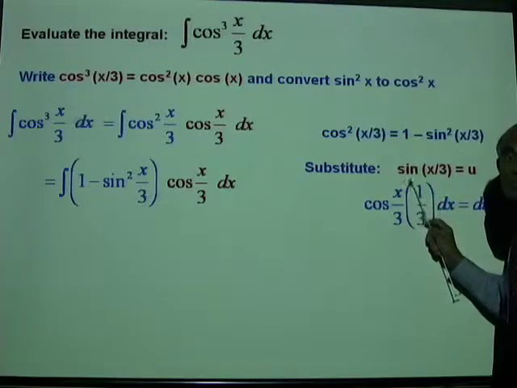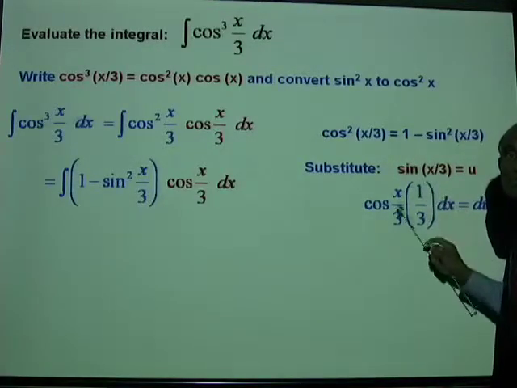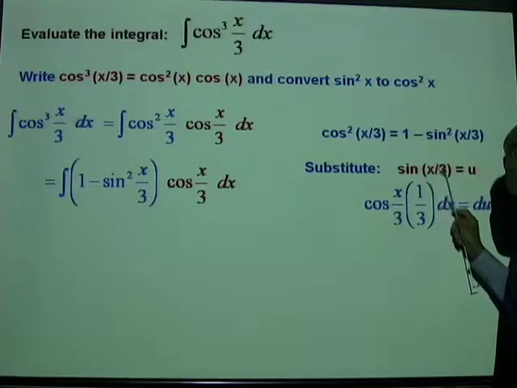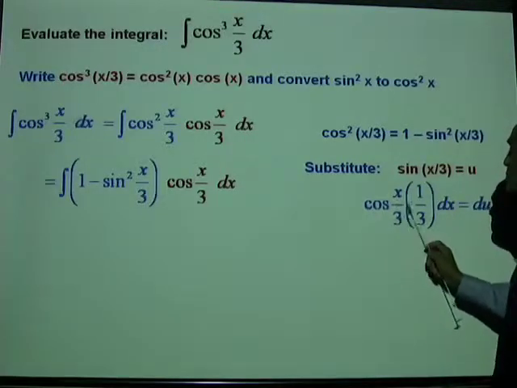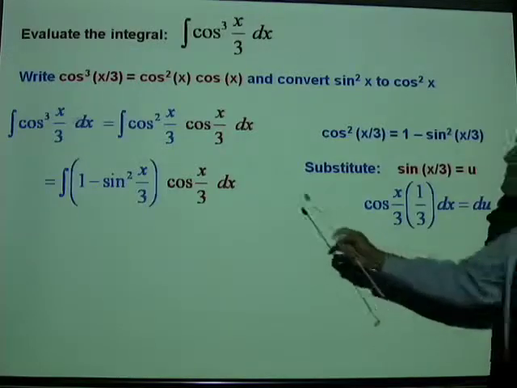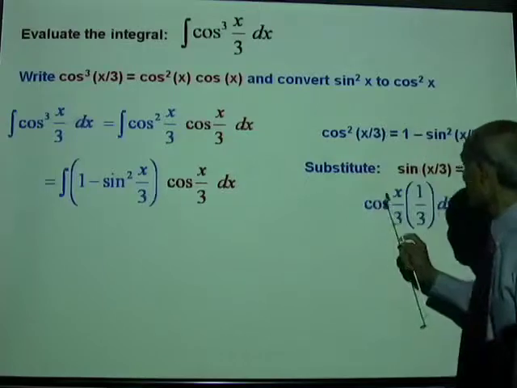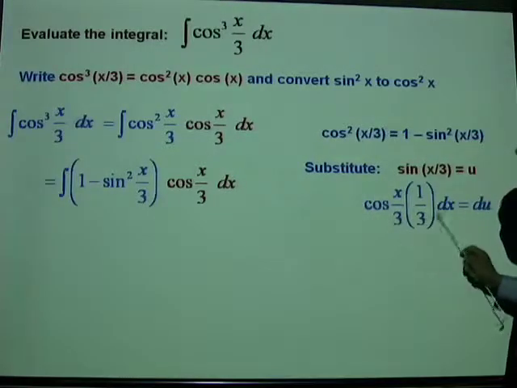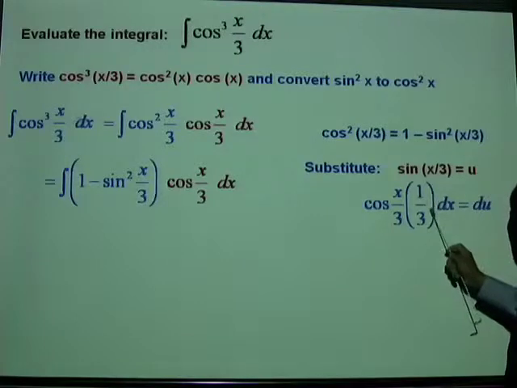The derivative of sine x over 3 is cos x over 3 times the derivative of x over 3 is 1/3 times dx. So cos x over 3 times 1/3 dx equal to du. What we need is this, cos x over 3 dx. So cos x over 3 dx can be obtained by multiplying both sides by 3.